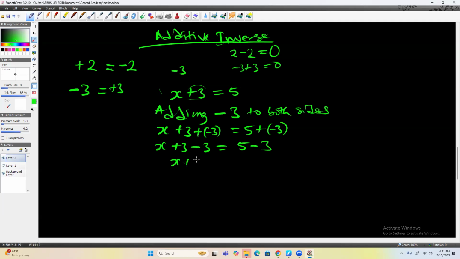So you're left with x plus 0 is equal to 2. Then x is equal to 2. So that way, you can use this to solve algebra, and that is where the additive inverse comes into play. Okay? So, does that make sense?